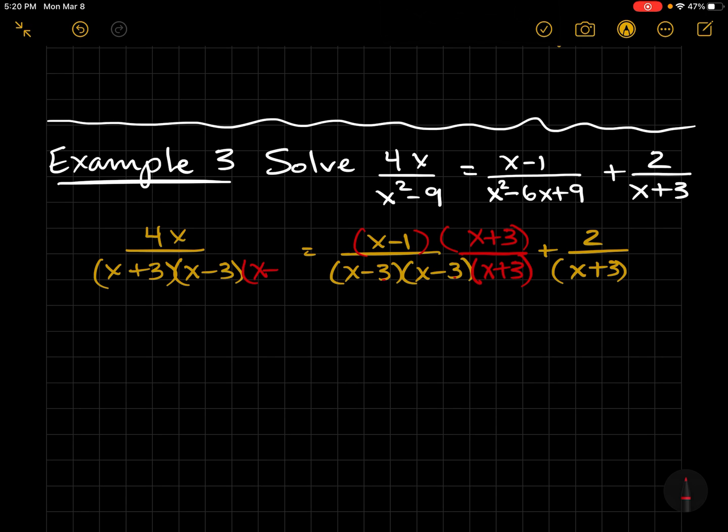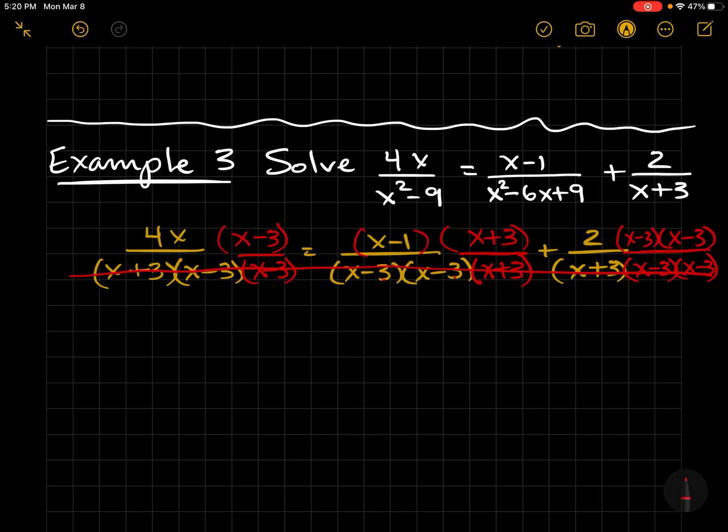Since this appears twice, we're going to have it twice everywhere, since it appears twice in that one. So I need x minus 3 twice. Now, all of the denominators are the same, so I kind of just disregard them, okay?